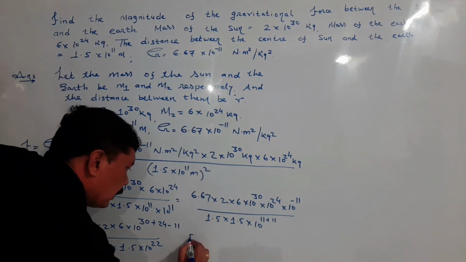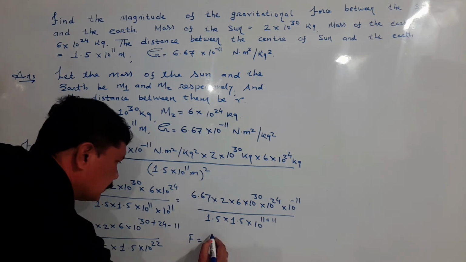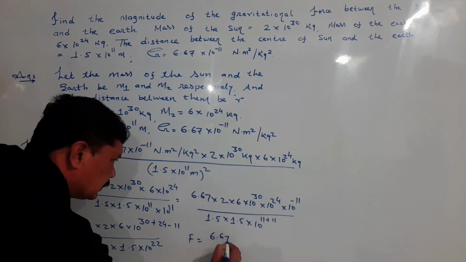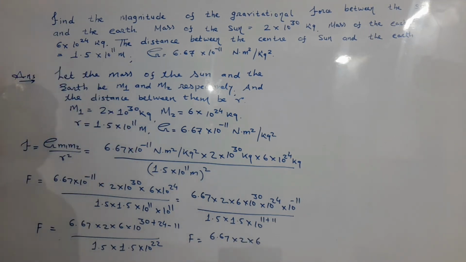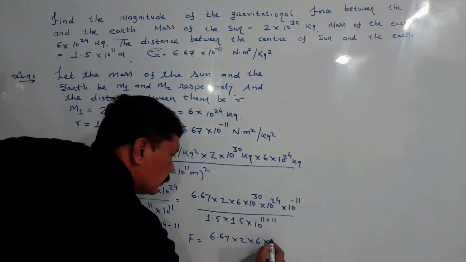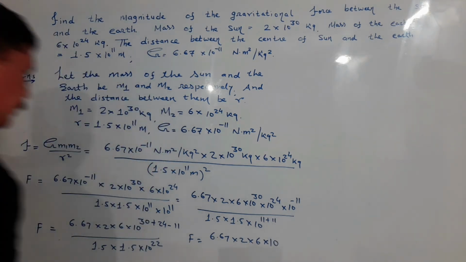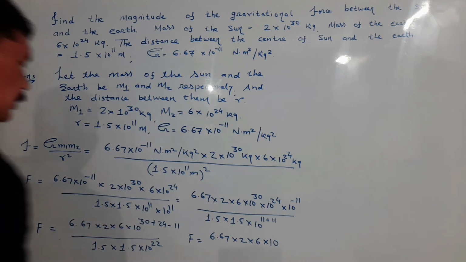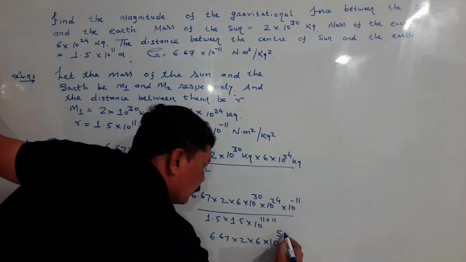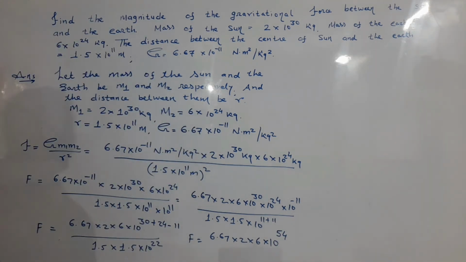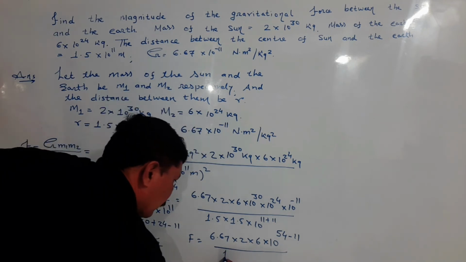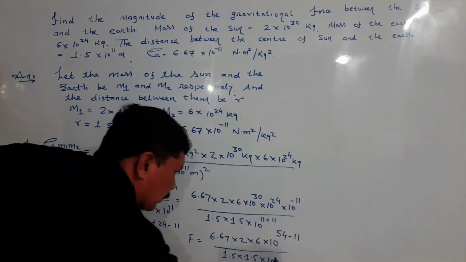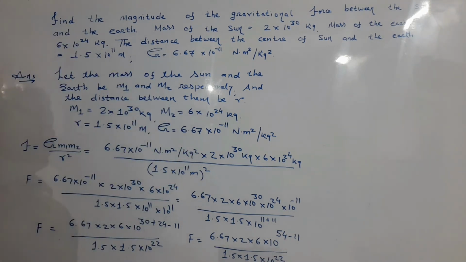So F is equal to 6.67 into 2 into 6 into 10, 30 plus 24 is 54 minus 11 upon 1.5 into 1.5 into 10 to the power 22 we can write.